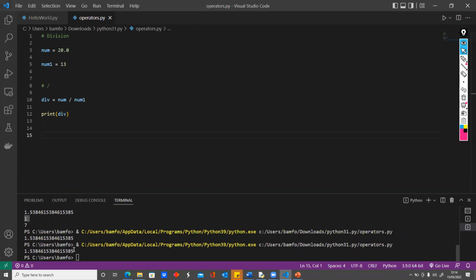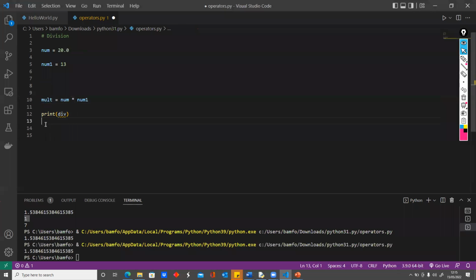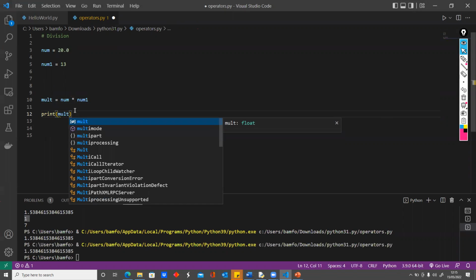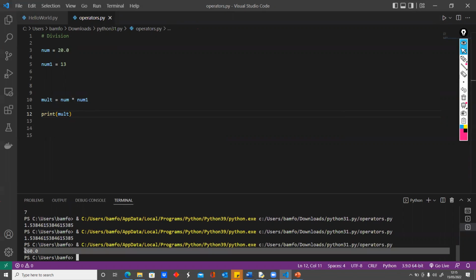Technically it's going to give us a float because this is division, but let's do multiplication then. Yeah, so multiplication, and maybe say mult. So yeah, it's going to give us a float.